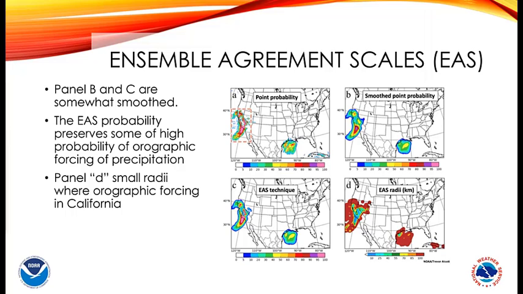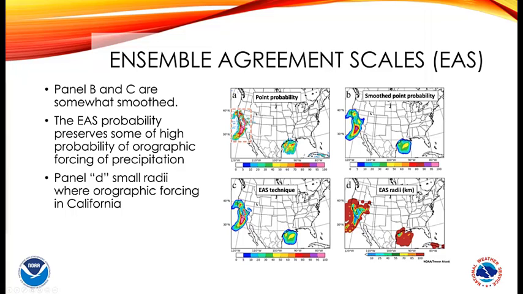If we look in this box here, you can see that on the mountains there, it's only giving 40 to 50%. But if we use the EAS technique, where it's looking at smaller radii and then building out to bigger ones, you can see it actually picks up the maximum here for the storm.